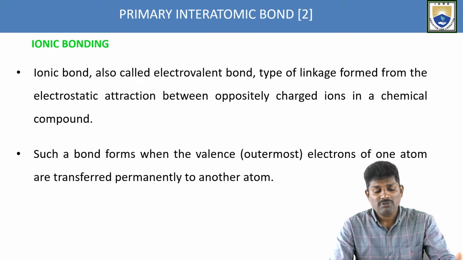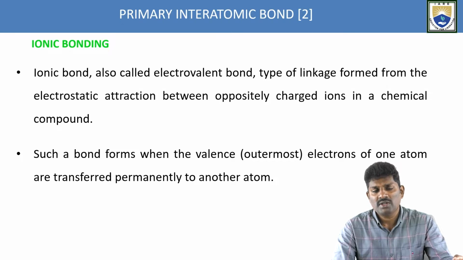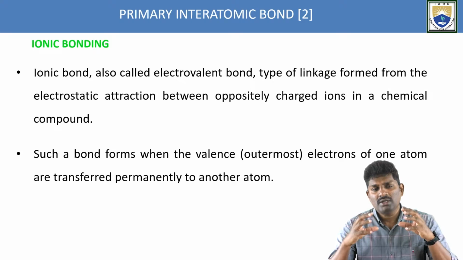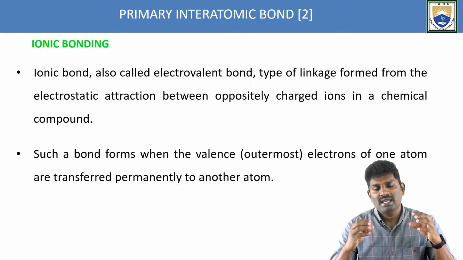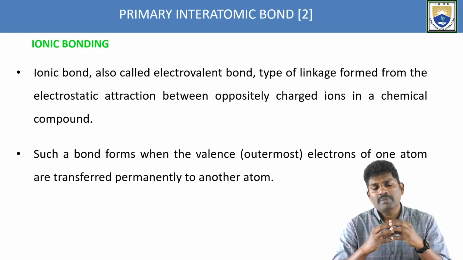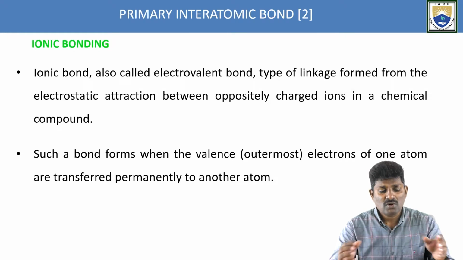This type of linkage is formed from the electrostatic attraction between the positively charged and negatively charged ions in the chemical compound. You get the name electrovalent because of the difference in charge, whether positive or negative. If you have two different charges, then there is an easy attraction of the atoms. That is why it is called ionic.